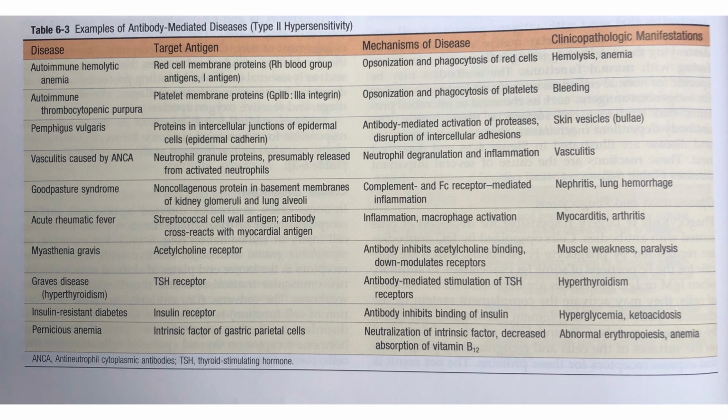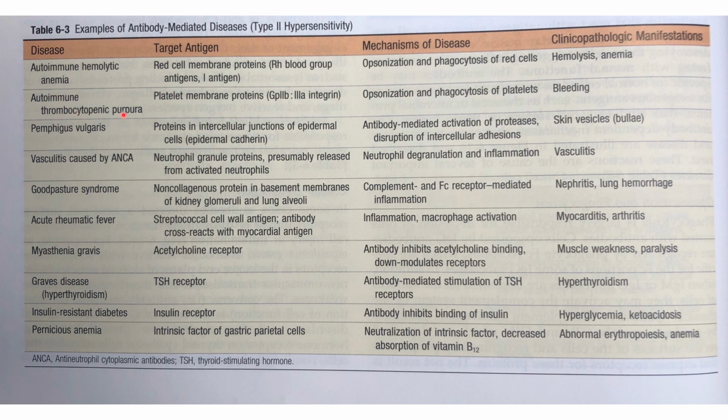Here are examples of antibody-mediated diseases: autoimmune hemolytic anemia. The target antigen is a red cell membrane protein. You get opsonization and phagocytosis, and the clinical manifestations are hemolysis and anemia.